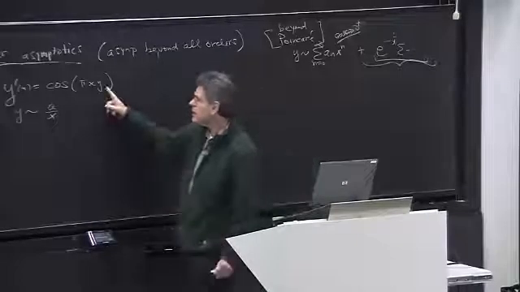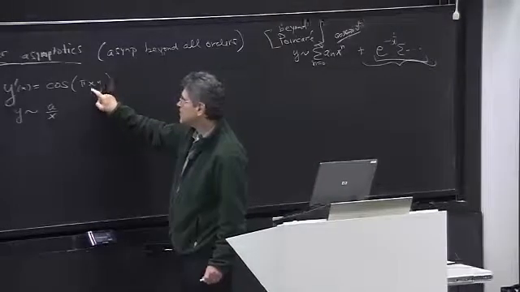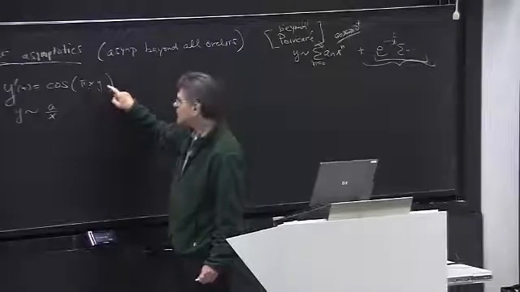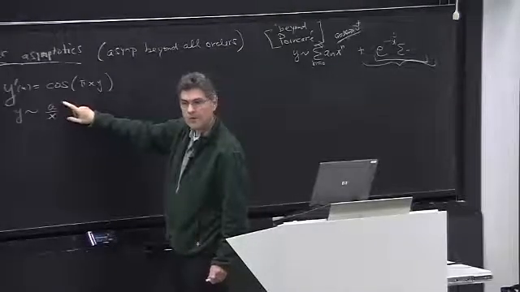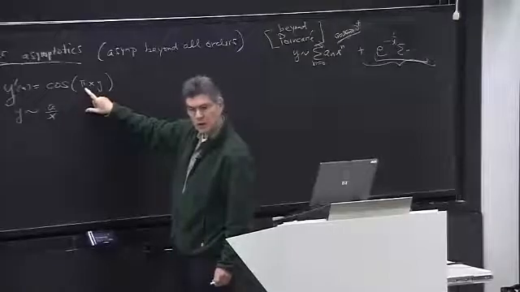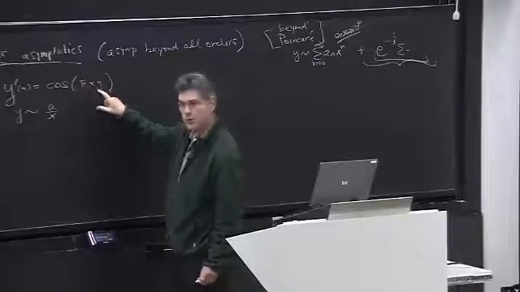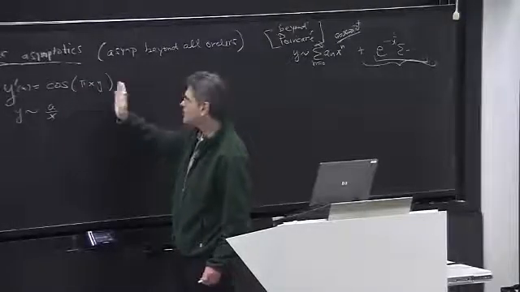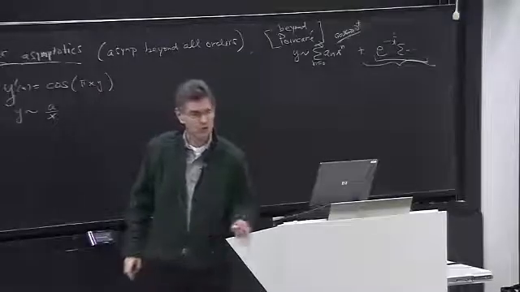Well, inside here, there's y times x, and y times x gives you a. So if a were a multiple of n plus 1/2, you'd have cosine of pi times n plus 1/2, which would vanish. So both sides would vanish.